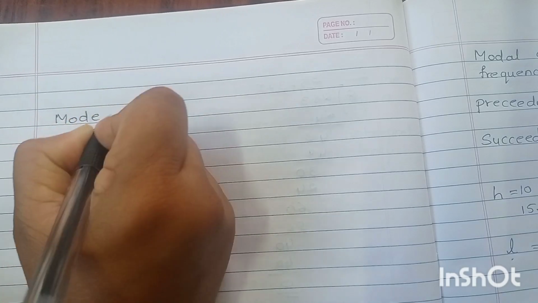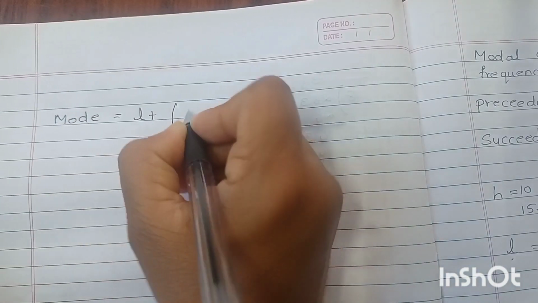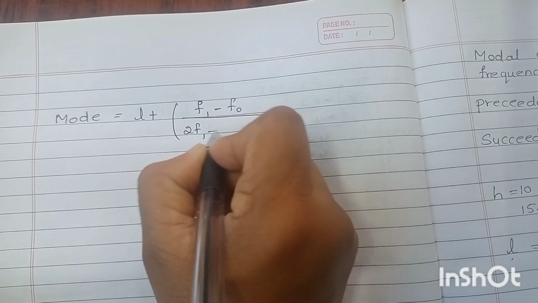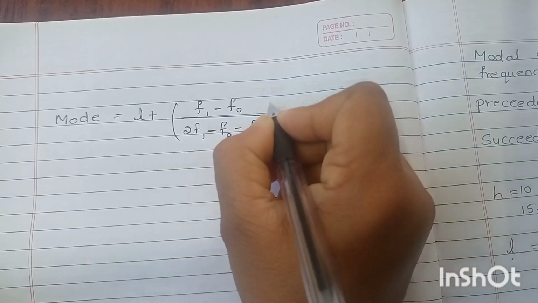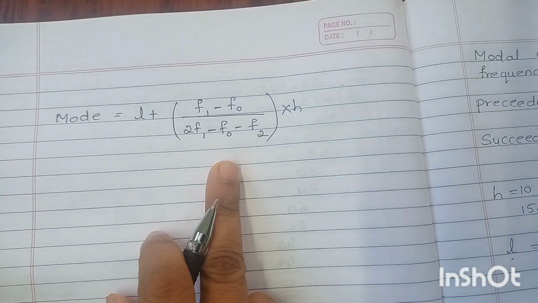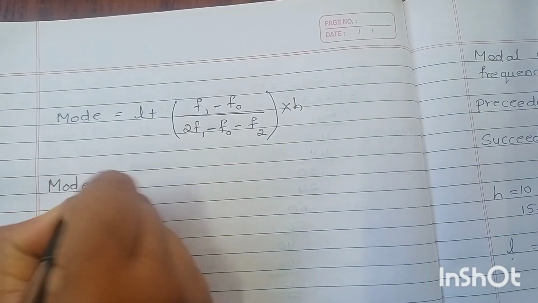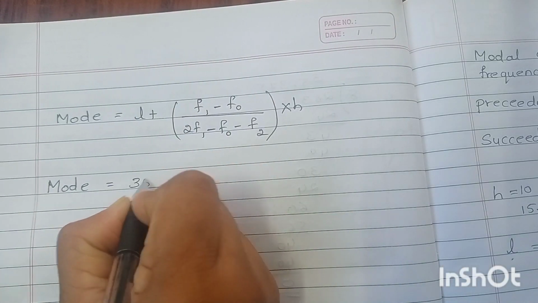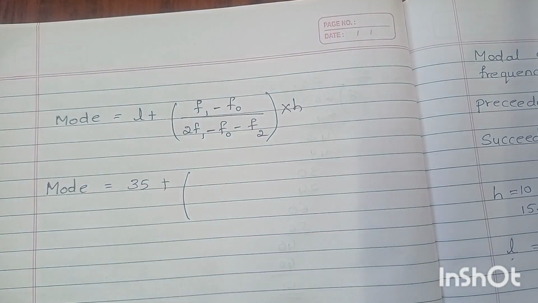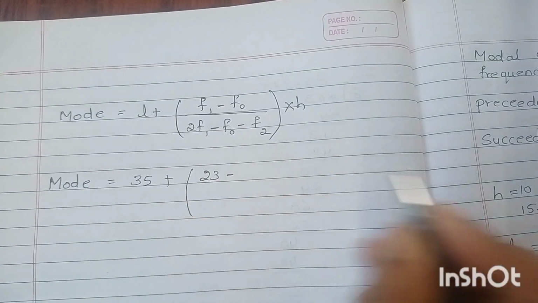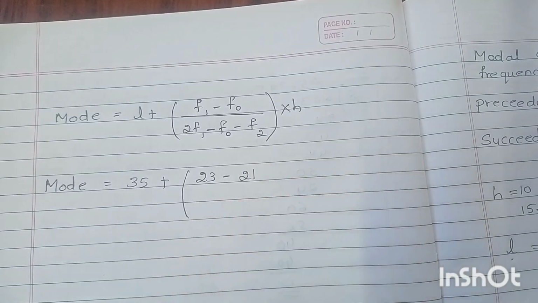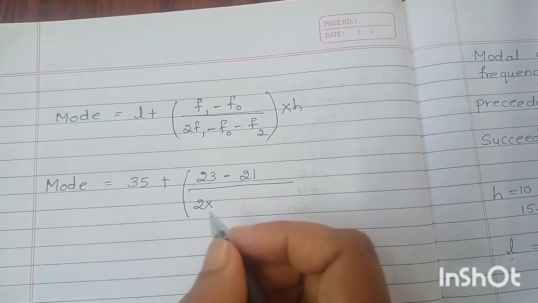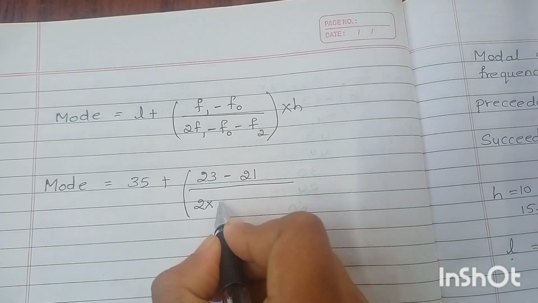Mode is equal to L plus (F1 minus F0) divided by (2F1 minus F0 minus F2) into H. Mode is equal to L, we know that L is 35, right? 35 plus F1 is 23 and F0 is 21, divided by 2 into F1, 2 into 23.